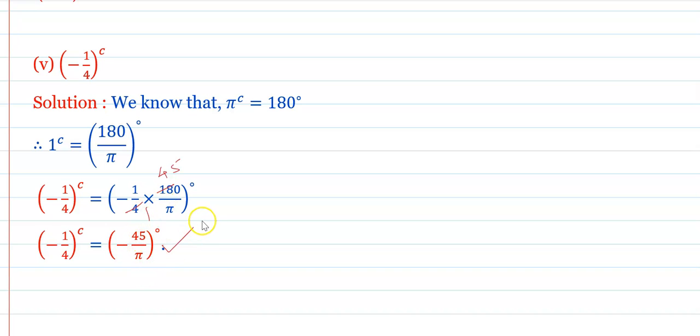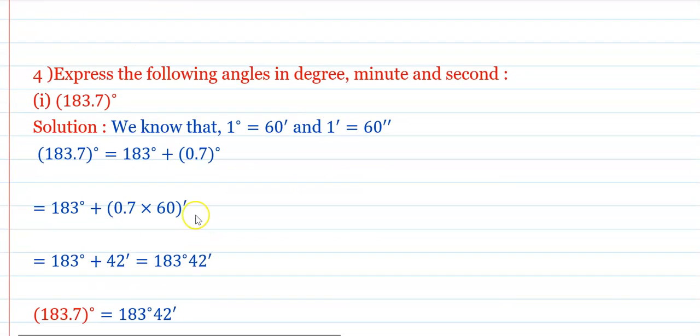pi degree. Okay, next, express the following angles in degree, minute and second. So what is given? First of all 183.7 degree. Now 1 degree means what? 60 minutes, and 1 minute means what? 60 seconds. Now 183.7 can be written as 183 degree and 0.7 degree.